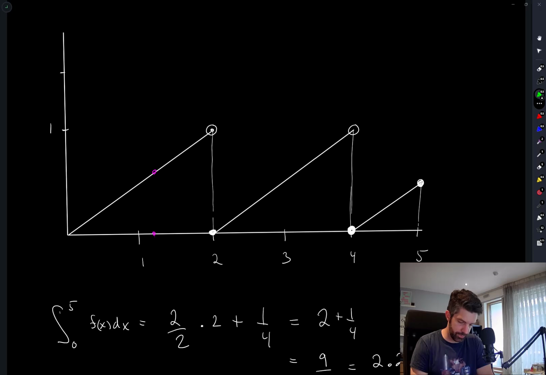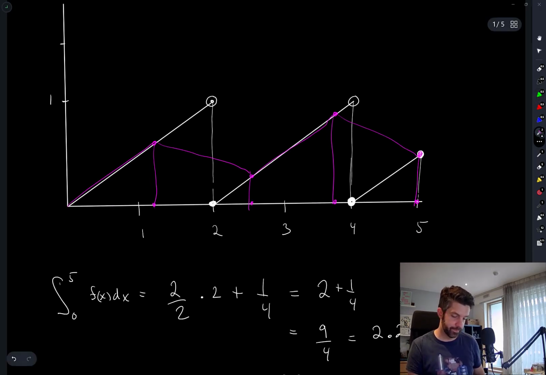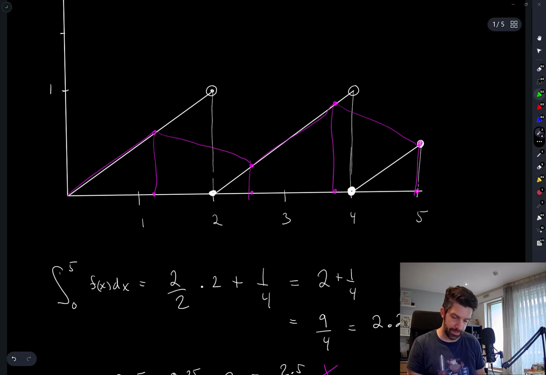So 1.25, 2.5, 3.75, and 5. Okay, so we have that, and that. This looks like it's probably still an underestimate. But I'm not positive.